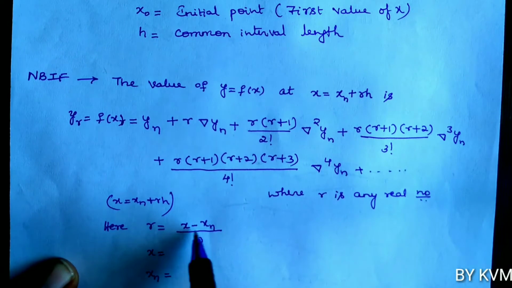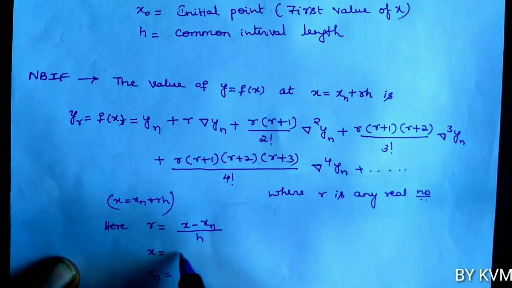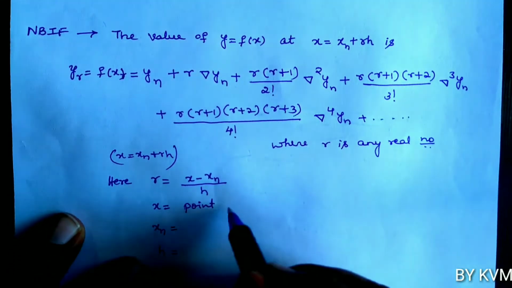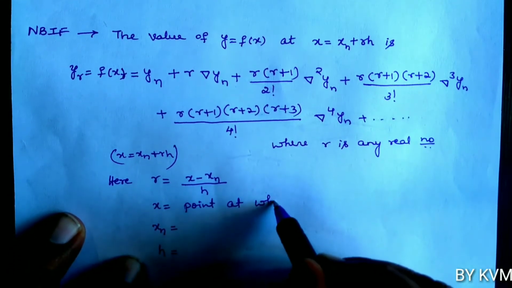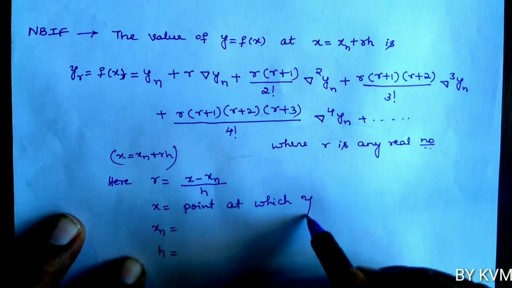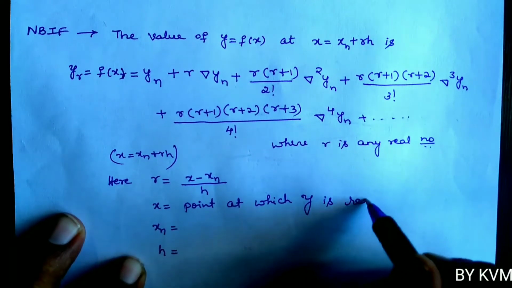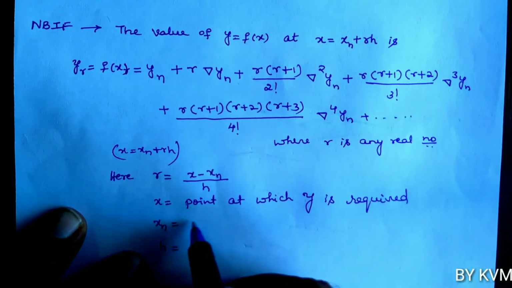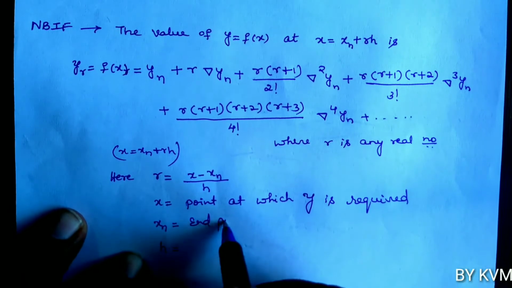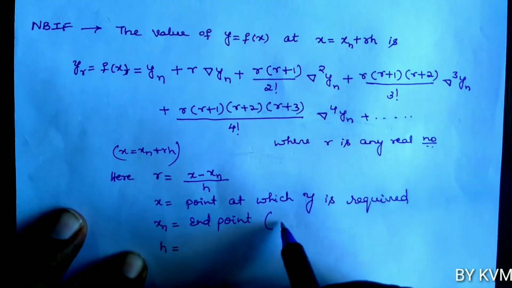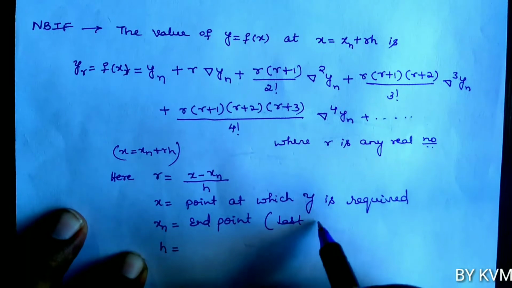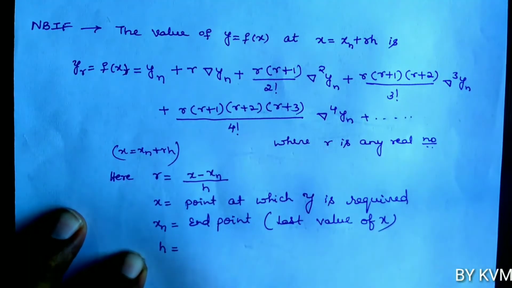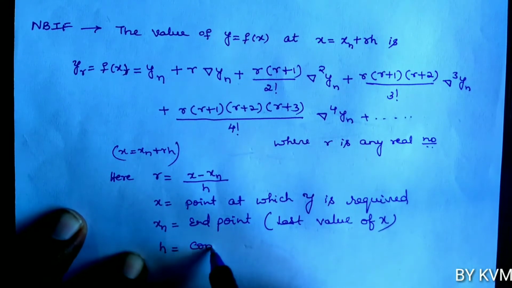So r is x minus xn by h, where x is the point at which y is required, and xn is the end point, or the last value of x. And h is the common interval length.